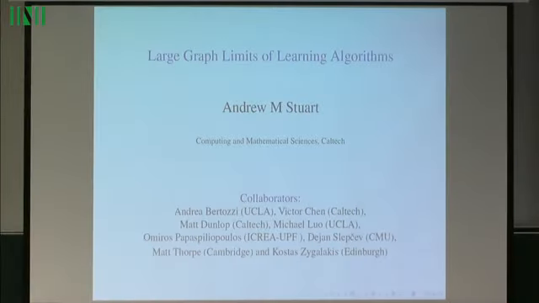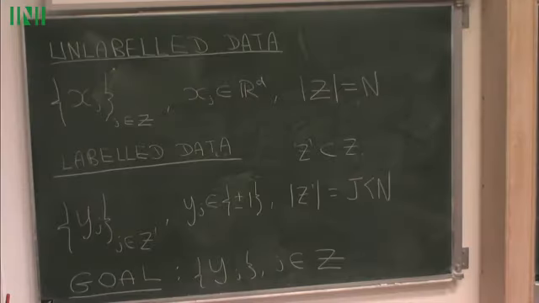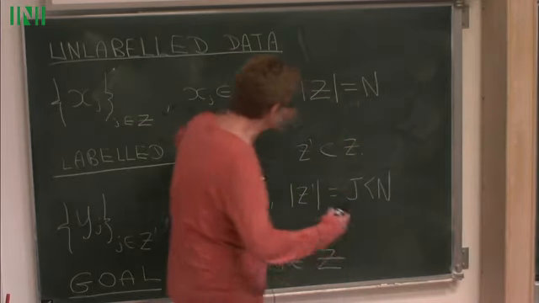So the work I'm going to describe is a synthesis of three papers with a number of collaborators. The first, with Andrea Bertozzi, Michael Luo, and Kostas Zygalakis, is a formulation of this problem in a Bayesian setting, which is how I'll start. The second paper, with Matt Thorpe, who is here, Dejan Slepčev from CMU, and Matt Dunlop at Caltech, is a study of this problem in the limit where N goes to infinity, and so the graph becomes an infinite graph.